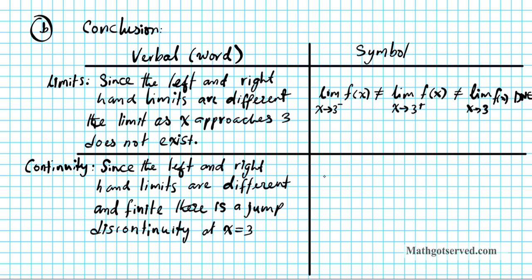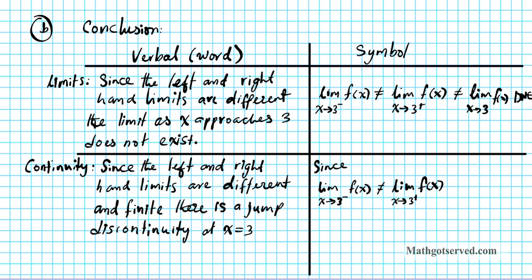So we can start off with: since the limit as x approaches 3 from the left of the function is not equal to the limit as x approaches 3 from the right.